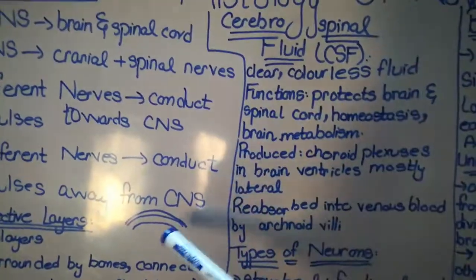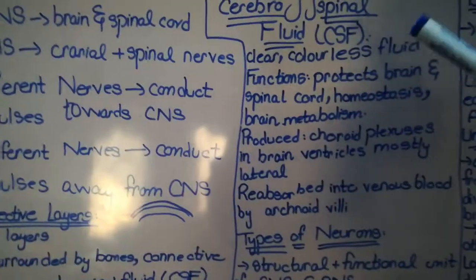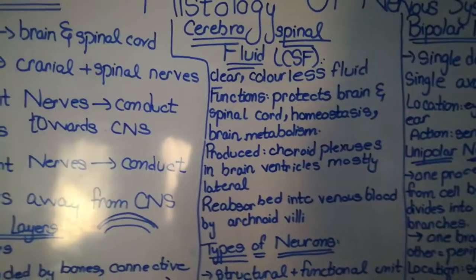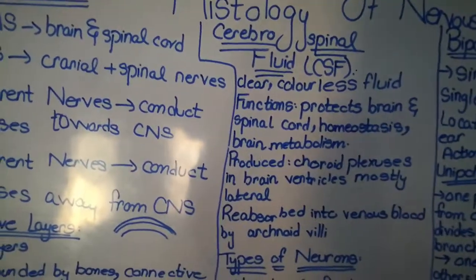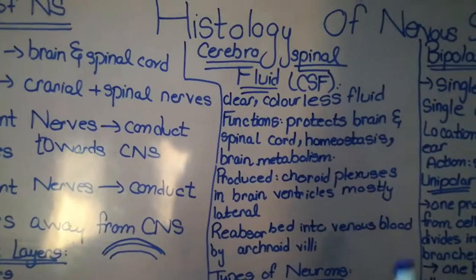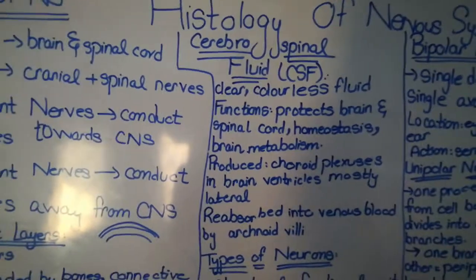The cerebrospinal fluid that is present in the subarachnoid space, between your pia and arachnoid mater, is the cerebrospinal fluid. Its general characteristics are that it is colorless and a very clear fluid. Its function is that it will help in the protection of the brain and spinal cord. It will help in its metabolism.